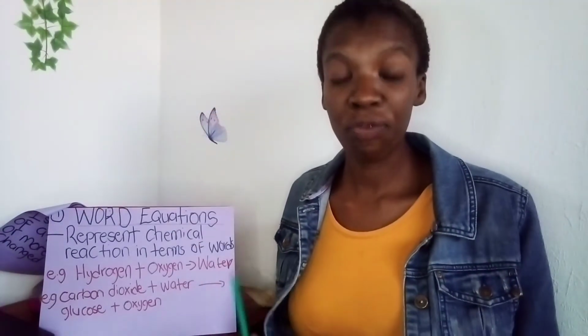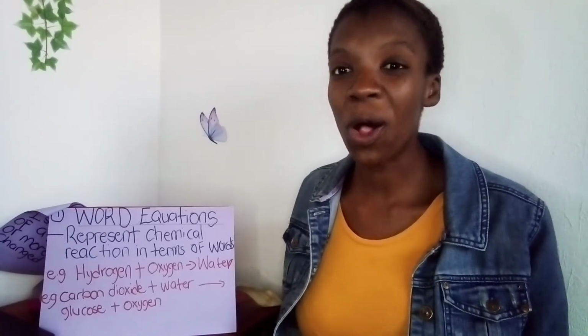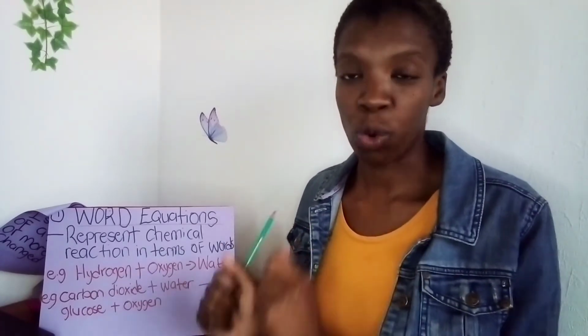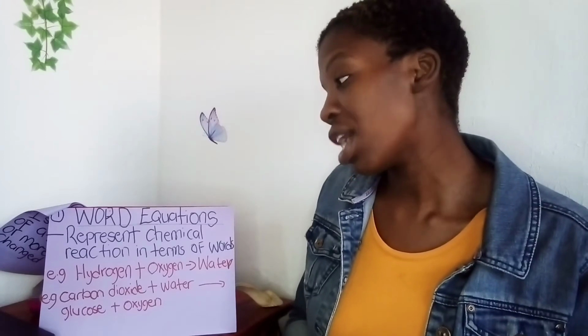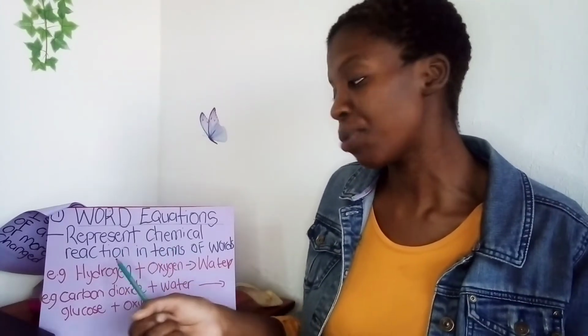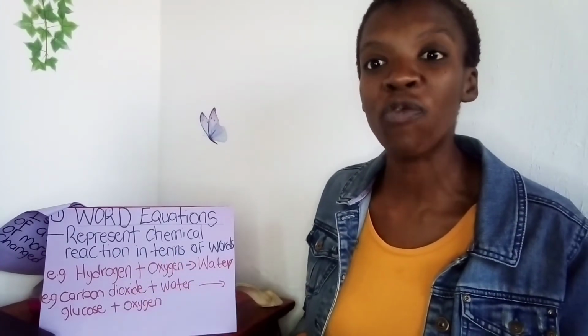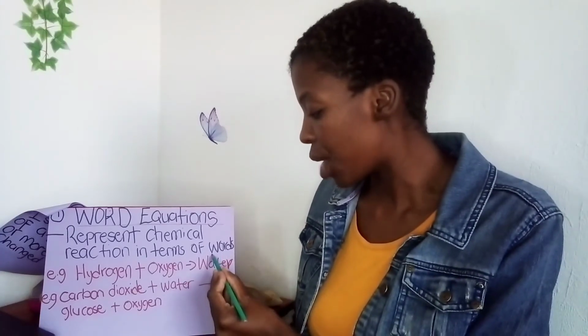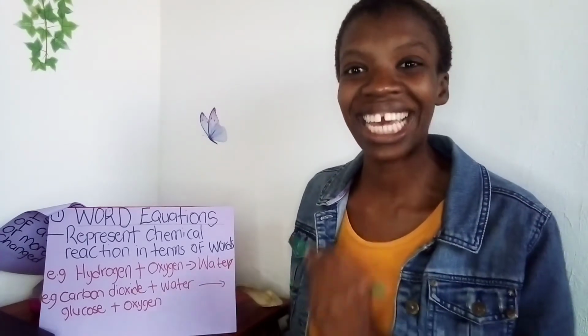The first way of representing a chemical reaction is by using what we call a word equation. A word equation represents a chemical reaction in terms of words. So the keyword for word equation is words.